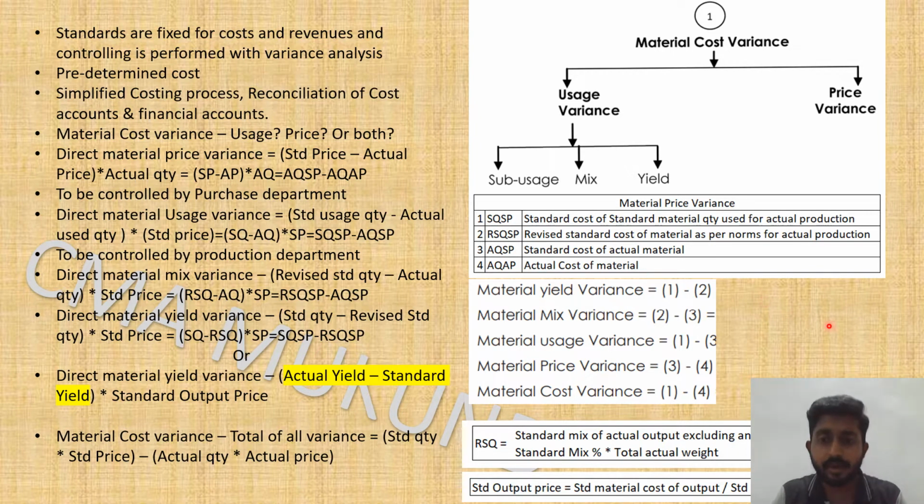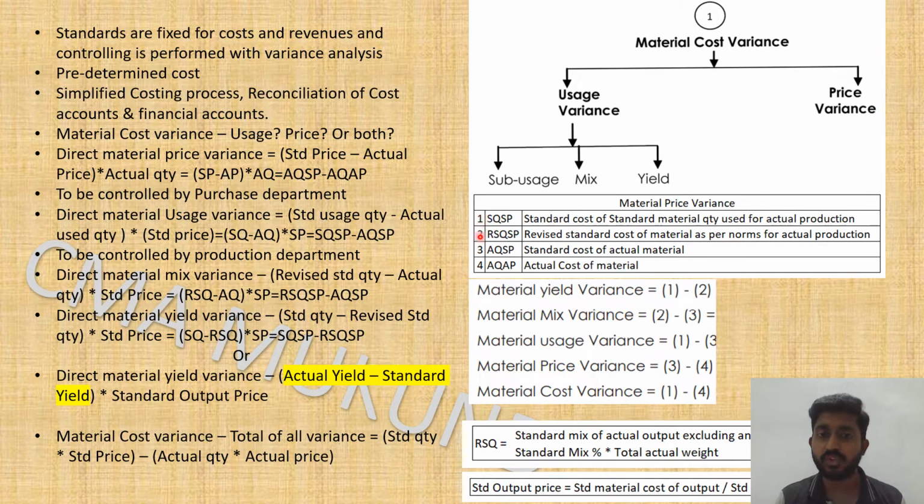As per your book, the classification of this formula has been made much easier, but this is not an opportunity to mug up, you can just follow this order. But we have a checkpoint. Even if you miss this order 1 2 3 4, the book has given standard quantity into standard price, revised standard quantity into standard price, actual quantity into standard price, and actual quantity into actual price.